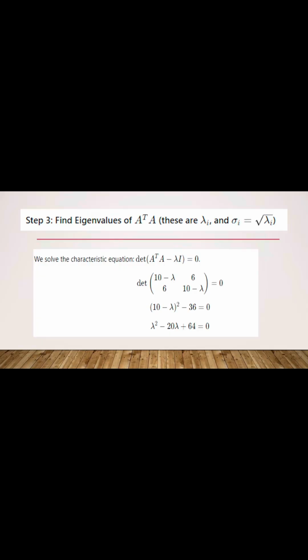We subtract lambda from the diagonal elements and set the determinant to 0. Calculating this determinant gives us 10 minus lambda squared minus 6 times 6, which is 36. So our equation is (10 minus lambda) squared minus 36 equals 0.